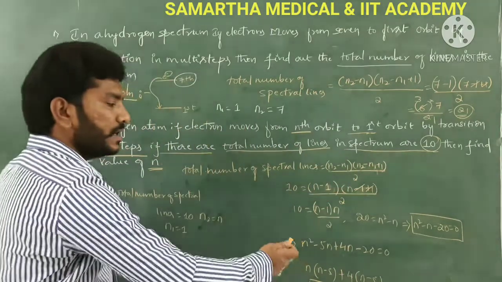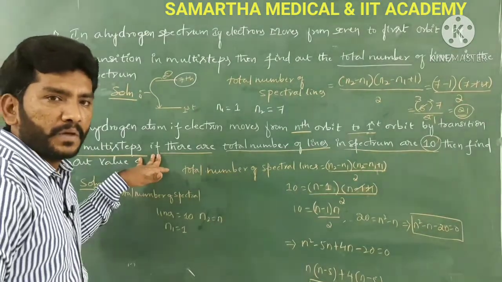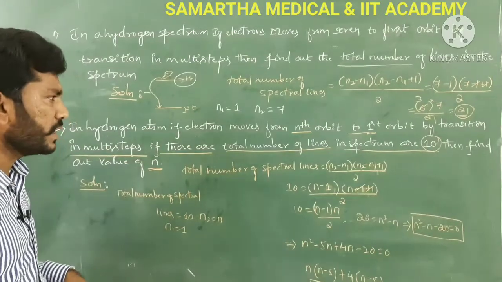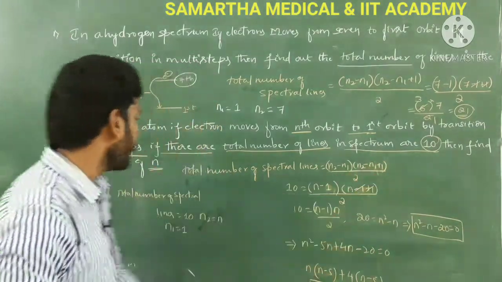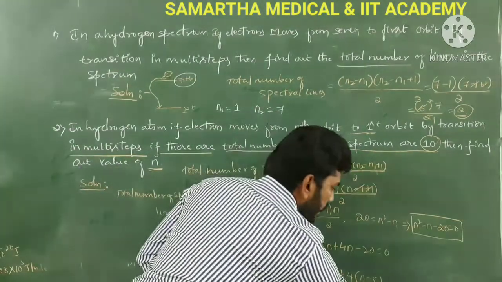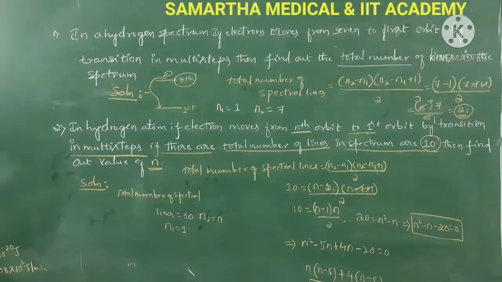So this is the answer for this equation. In this numerical, the total number of lines in the spectrum is 10, and we had to find the value of n. So ultimately, what is the value of n here? 5. The value of n will be 5.